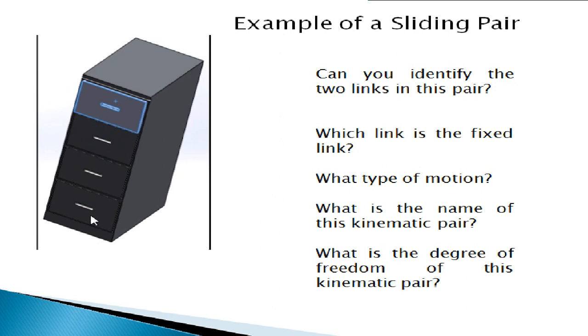So this again is a sliding pair. One is the fixed file cabinet, the second is the moving drawer. These two are moving in such a way that only one type of relative motion is possible, and that relative motion is translation or sliding. And so this is another example of a sliding pair.